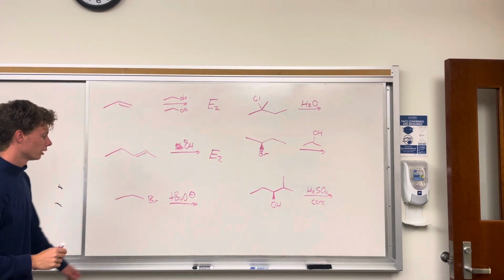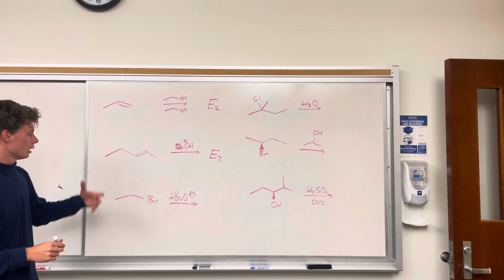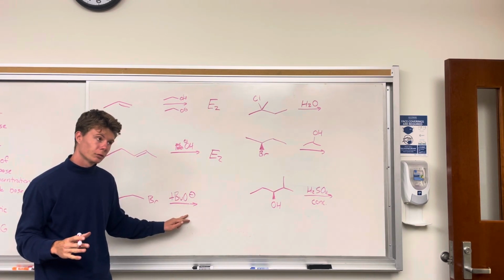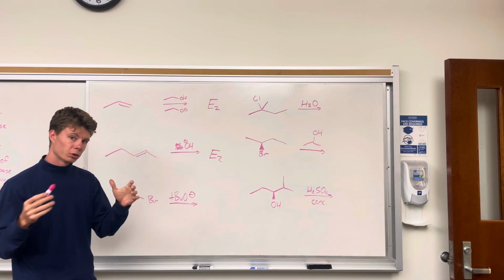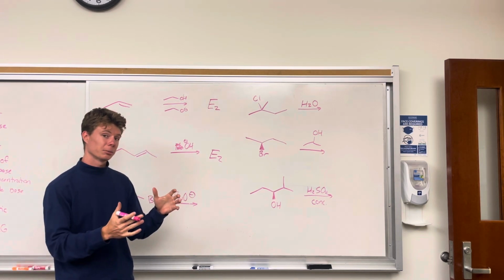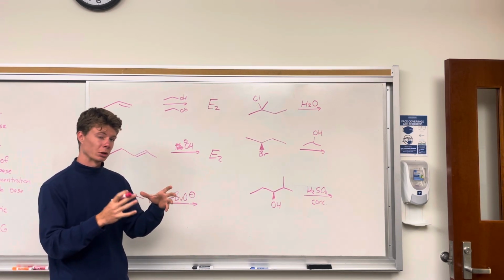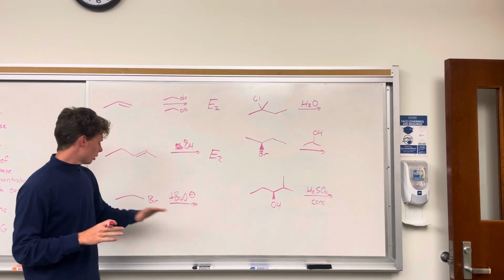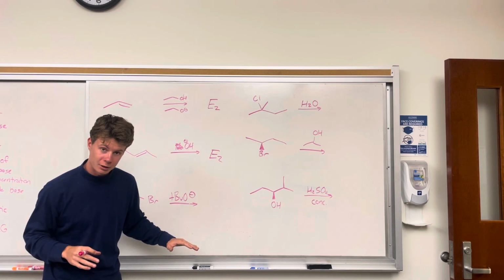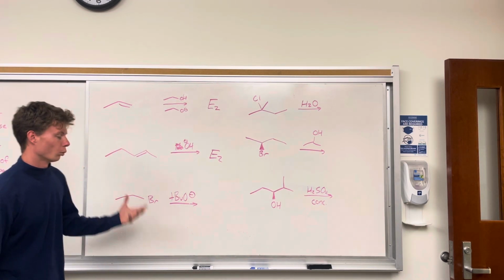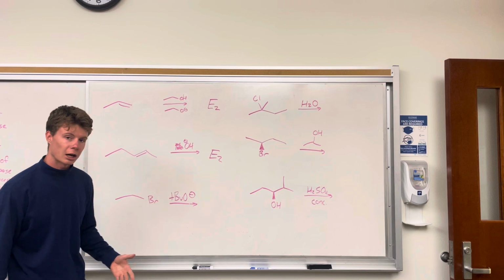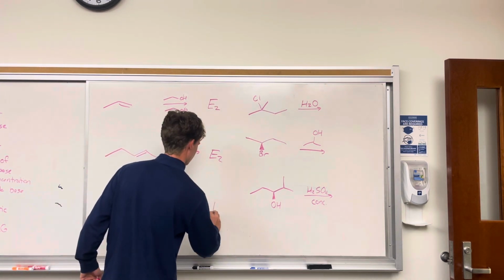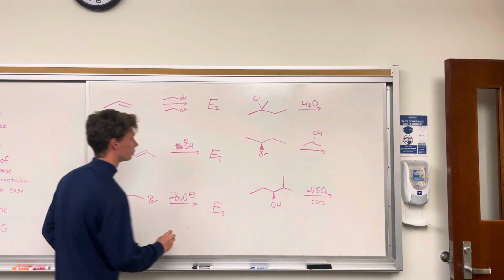I'm not given the solvent, okay? Tert-butoxide is going to be a little bit funky in the future, okay? Because it's so bulky, you're not always going to get the most substituted alkene. You're actually going to get what looks to be the more unstable alkene as your major product. This example doesn't allow you to do that, which is why I'm using it here. Right now, we're just at a point where I see tert-butoxide as a strong base, and so this is going to be E2. Pretty straightforward, okay?